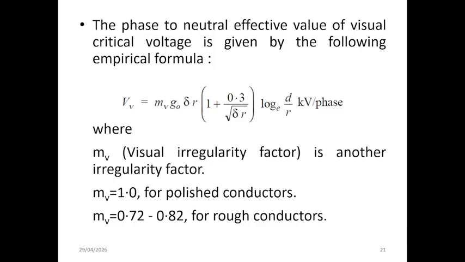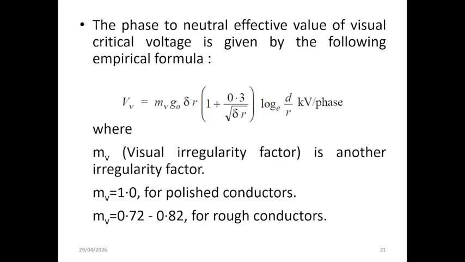The phase to neutral effective value of the visual critical voltage is determined using an empirical relation that accounts for both atmospheric conditions and the surface condition of the conductors. This expression incorporates a correction factor to better represent practical operating conditions in overhead transmission lines.